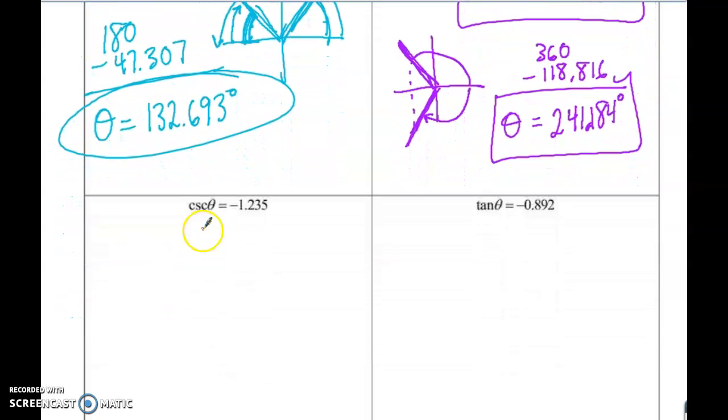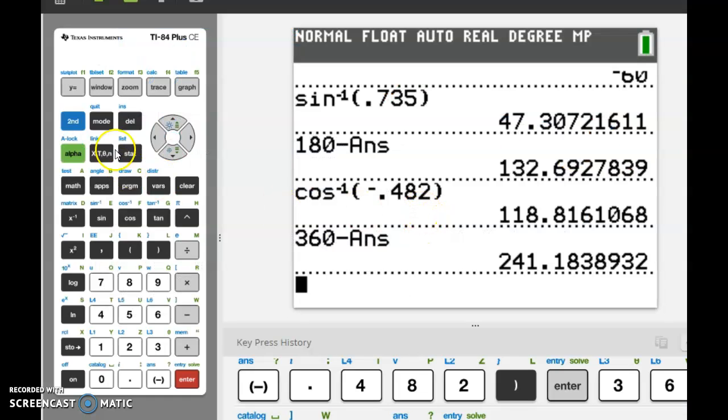So here's another one. I would rewrite this, because remember cosecant is 1 over sine. So I would just rewrite this as sine equals 1 over negative 1.235. And then go to my calculator. Second sine.